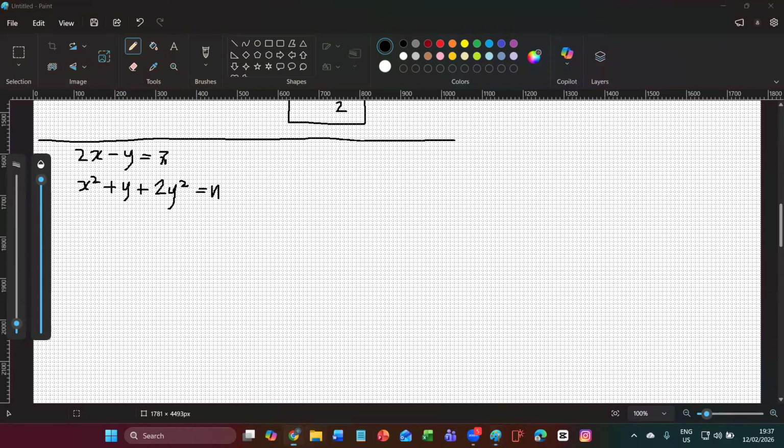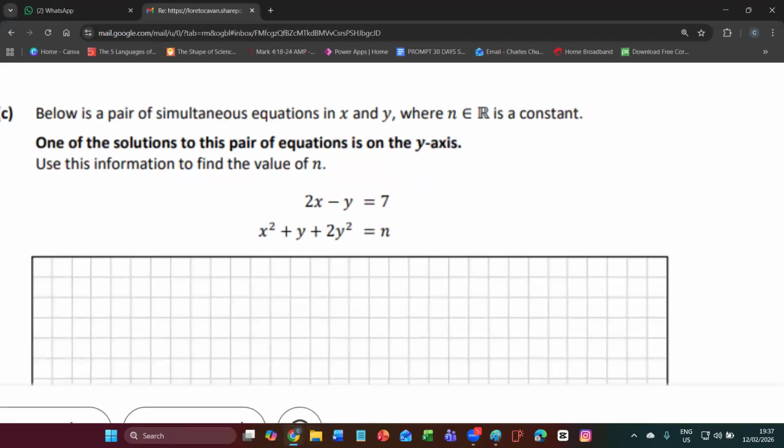All right, let's see the other information. They said one of the solutions to this pair of equations is on the y-axis. Typically when they say this kind of thing, it's simply implying that it cuts the y-axis.